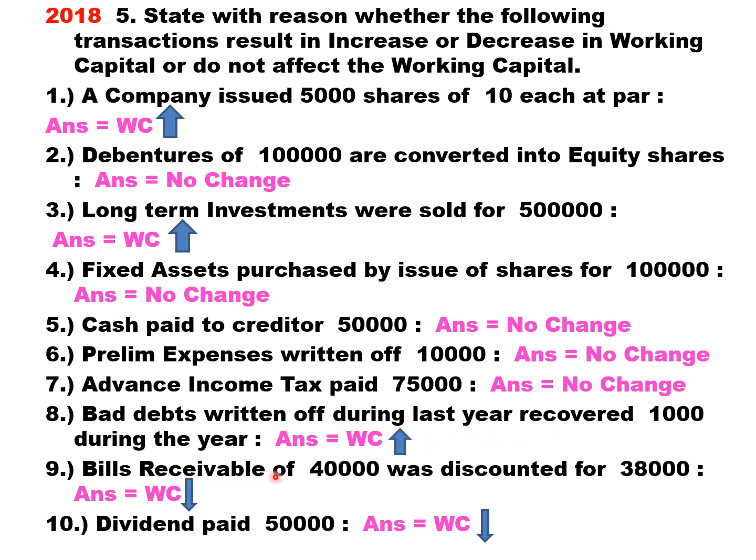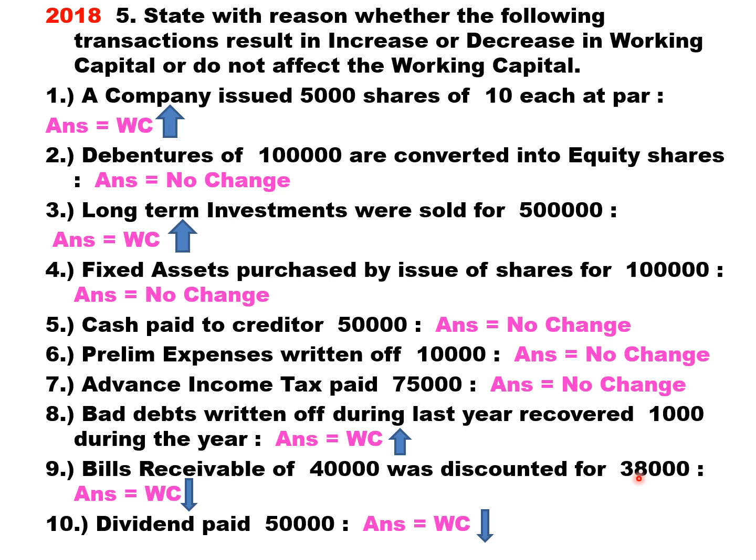Bills receivable of rupees 40,000 was discounted for 38,000. So the BR is pledged with the bank. So bank offers you instant cash by mortgaging the BR. So 40,000 BR goes, 38,000 cash comes. BR current asset, cash is a current asset. Both are current, but 40,000 BR goes, 38,000 cash comes.